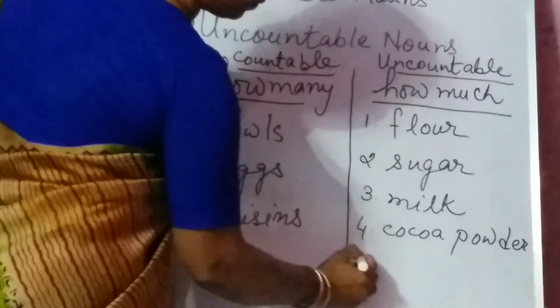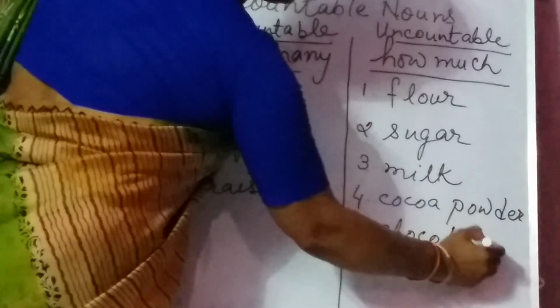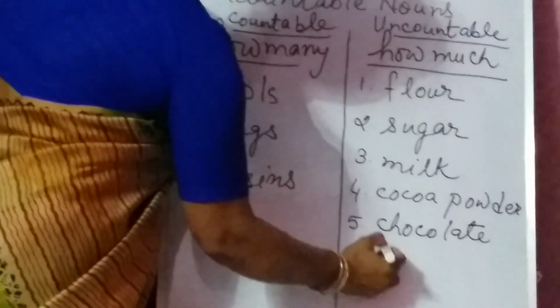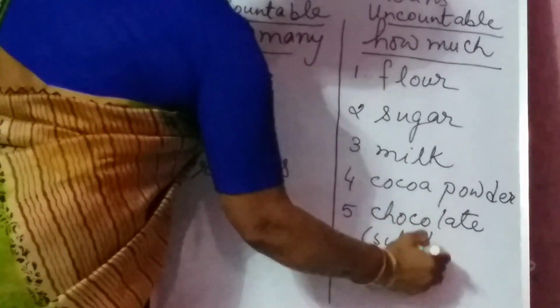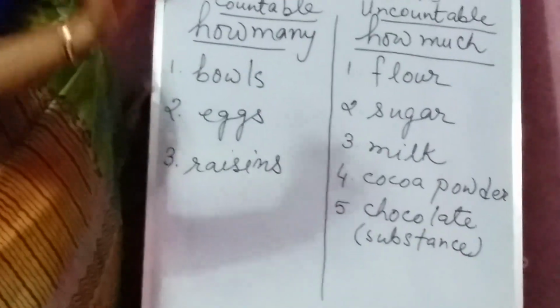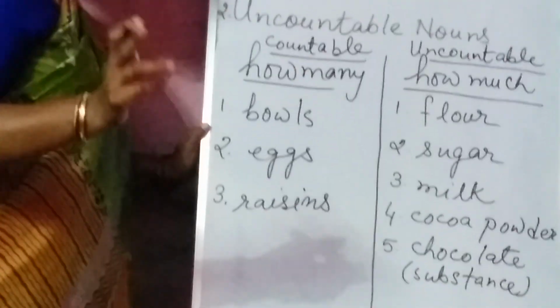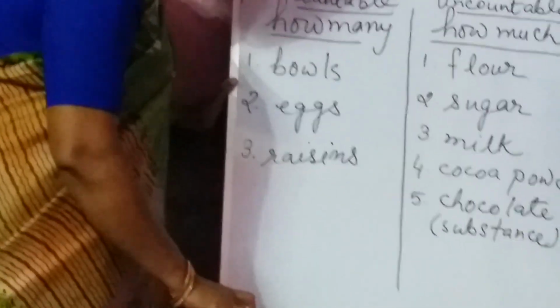You remember it. Here we are using chocolate as a substance, so it is uncountable. How much? Now next one is vanilla essence.